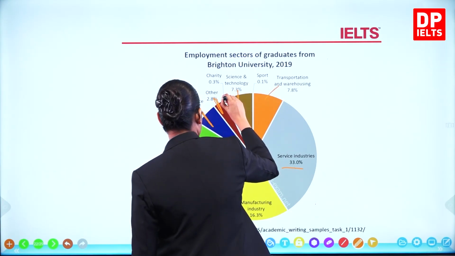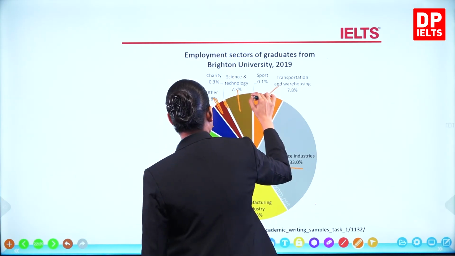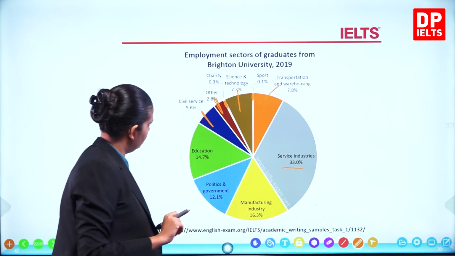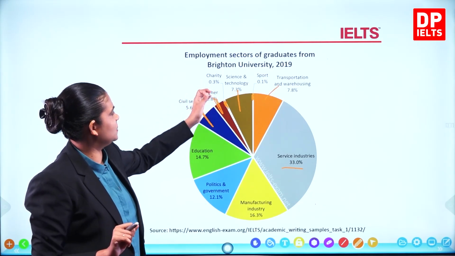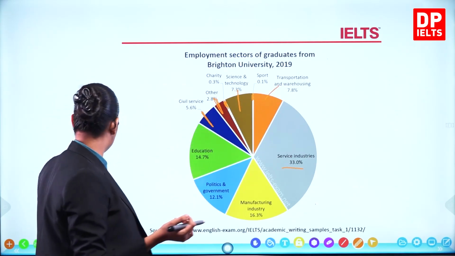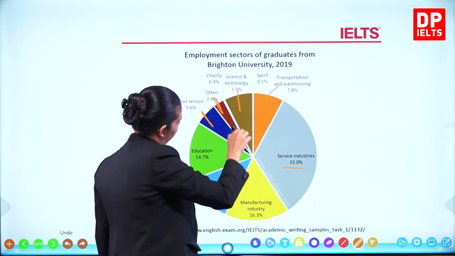Charity is this bit here, which is 0.3, and this is 0.1 for sport, right? So very minor ones, 0.3, 0.1, it's like even unidentified. Can you see here? Just a really insignificant proportion.